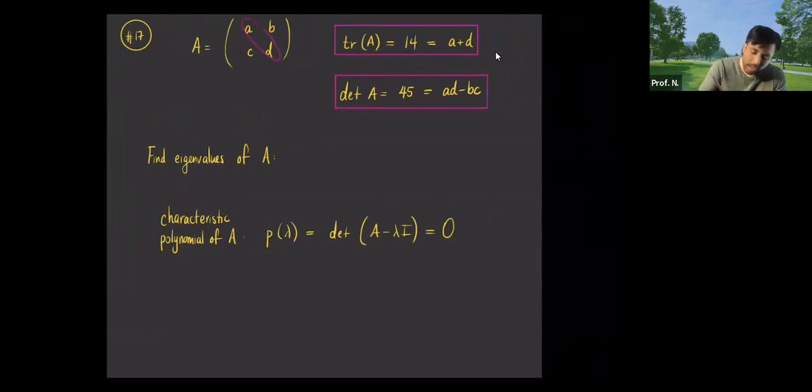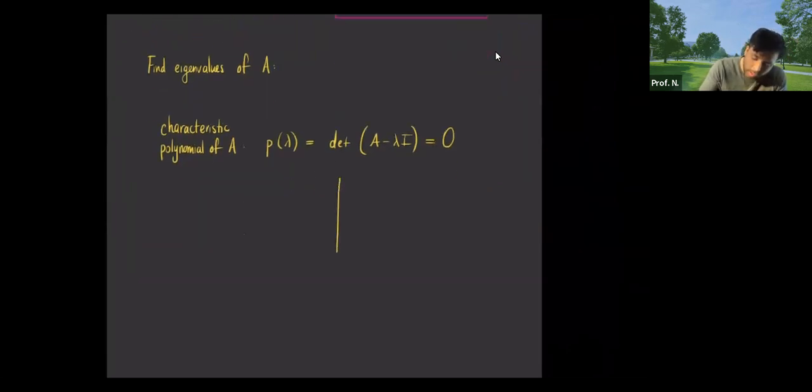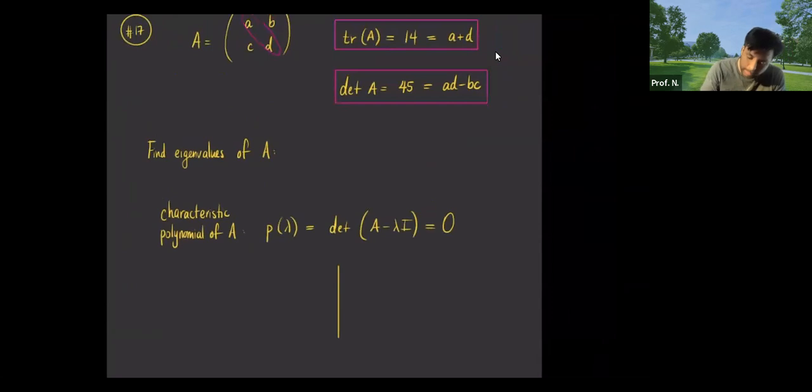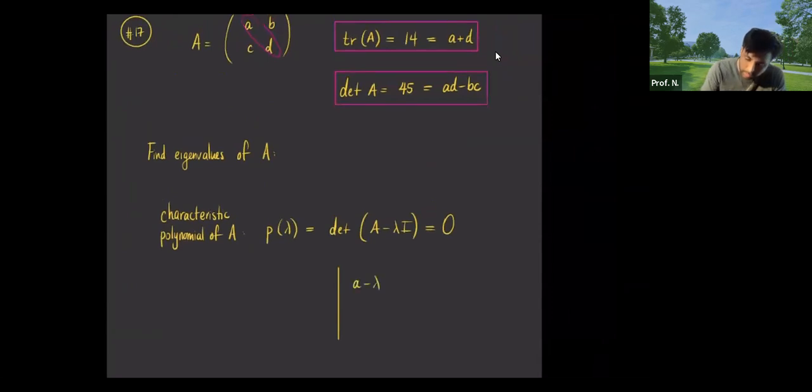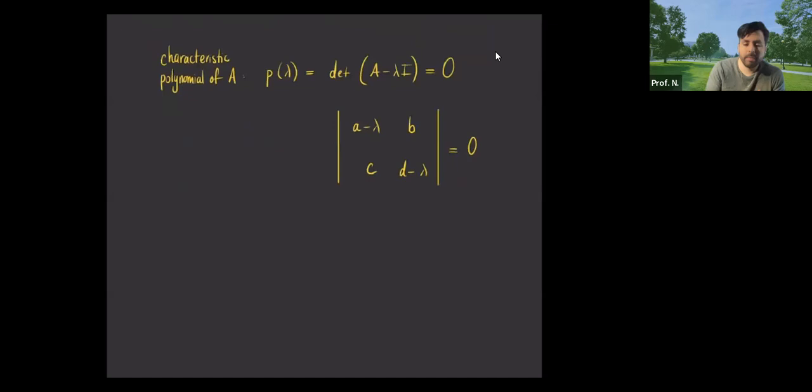So this would be the determinant of the matrix with entries A minus lambda, B, C, D minus lambda, equal to 0.